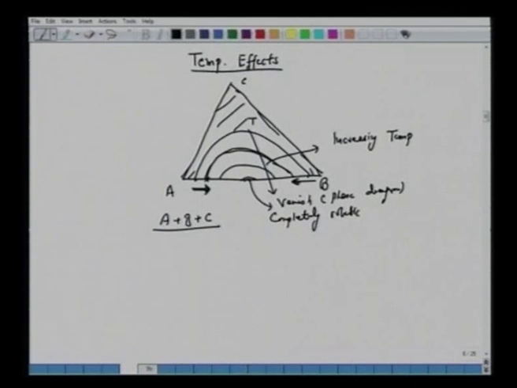Now let's discuss this type 2 system. Now again here we have systems of 3 liquids, same as before, except now we are saying that 2 pairs are partially soluble.